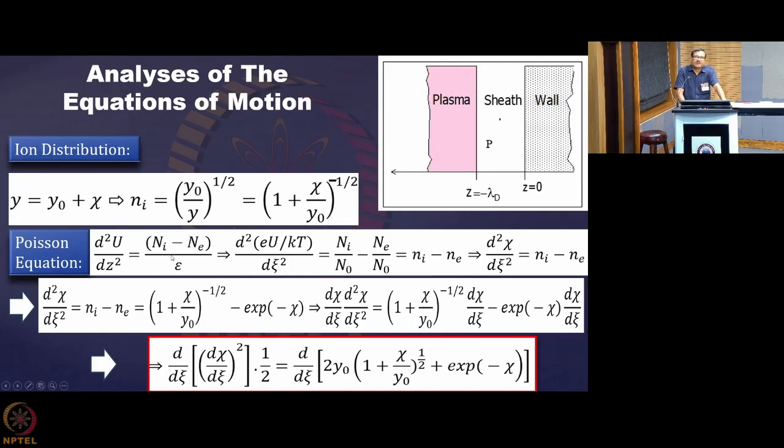And that N0 is coming through the Debye length lambda d, that is getting absorbed over here. So, if you put the expression for xi including the form of lambda d, then you get from this Poisson's equation d2 chi by d xi2 equal to ni minus ne. So this is another important equation.